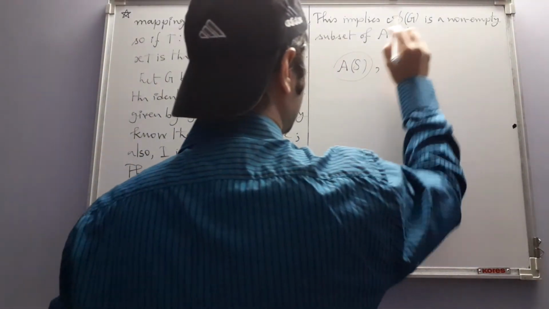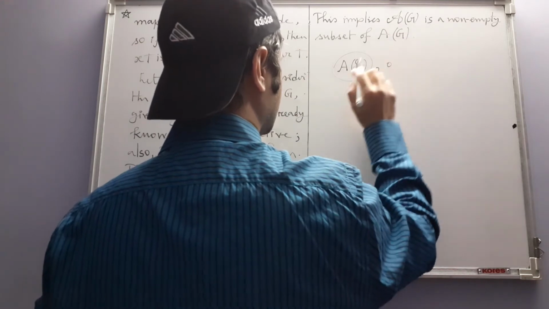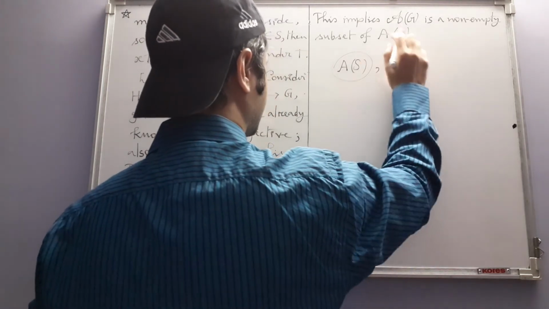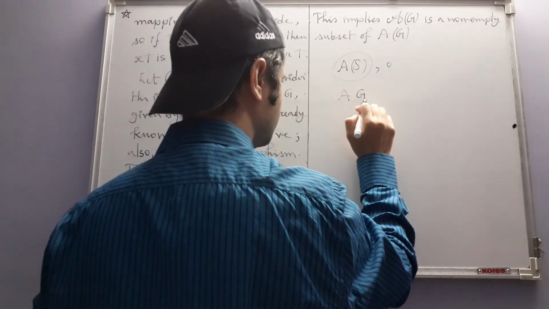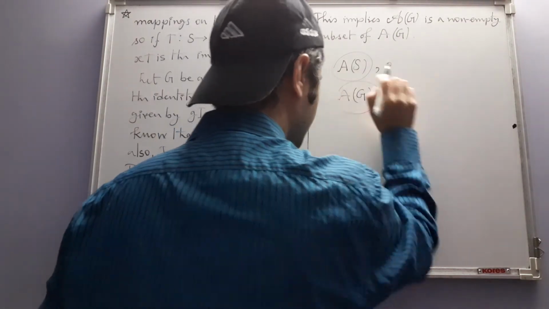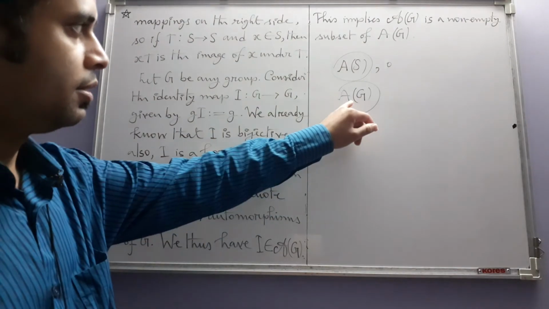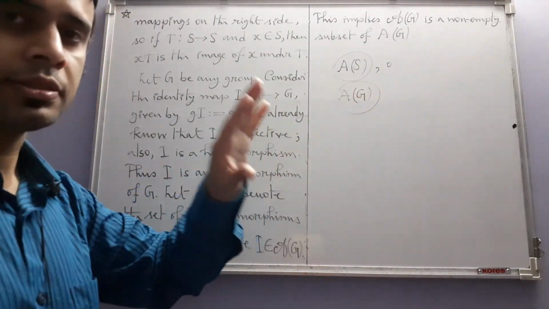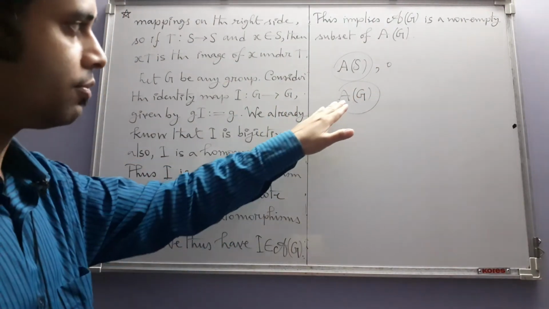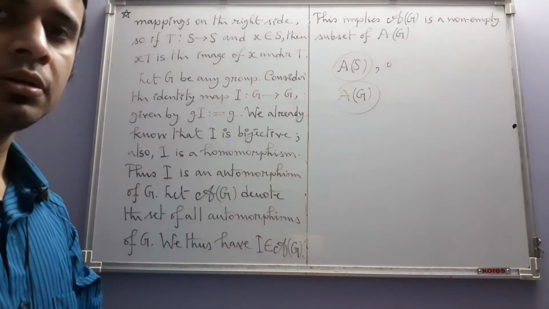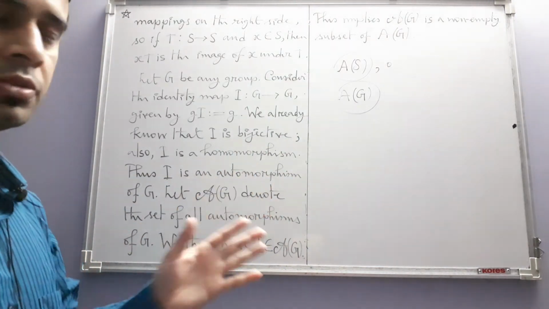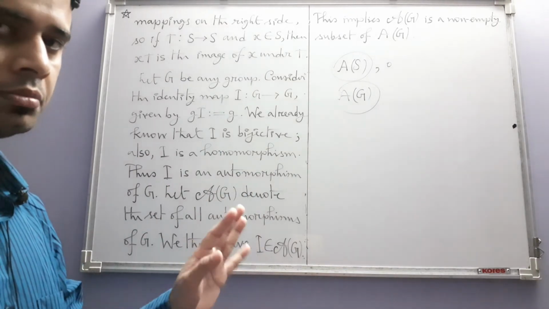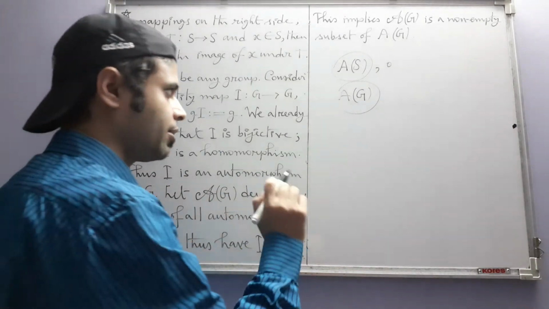That is because, you see, the set that we have here in this particular case is G, the group itself. So A(G), as a set, is the set of all one-to-one onto mappings of G to itself. G itself is a group, but we are not considering that fact for a moment.